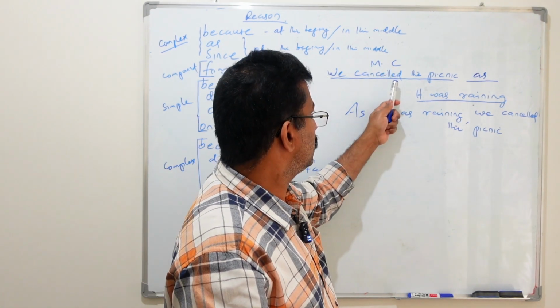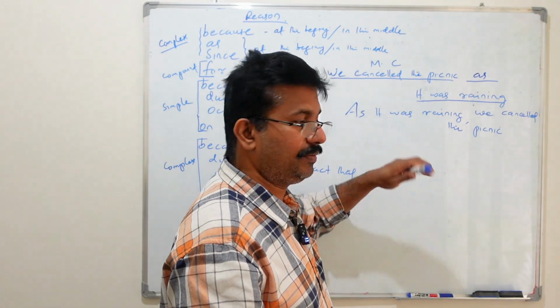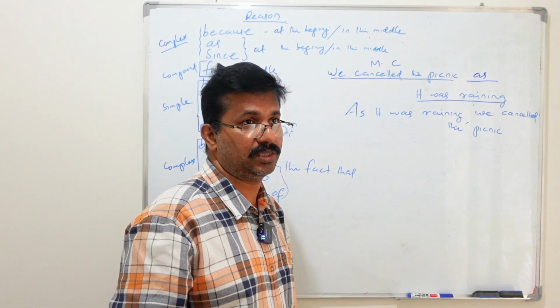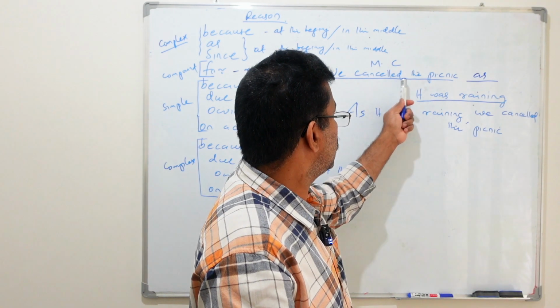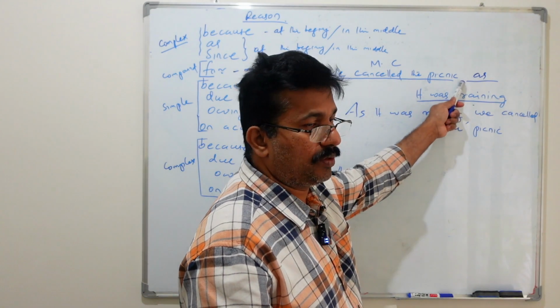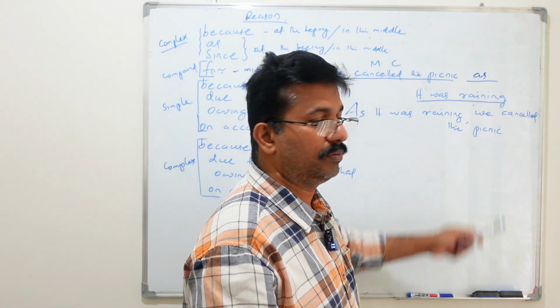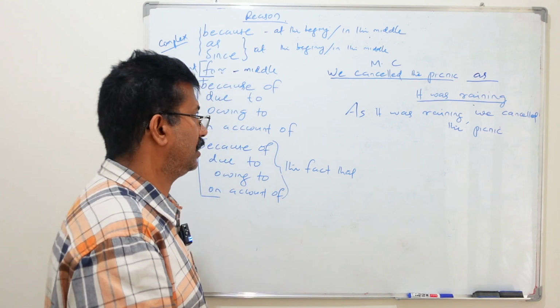If you understood the meaning of this sentence, then you get the same meaning for this sentence. There is no change in meaning, there is no change in the sentence structure. The only difference is, if you are starting the sentence with the main clause, you don't have to put a comma. But if you are starting a sentence with the subordinate clause, you have to put a comma at the end of the subordinate clause.